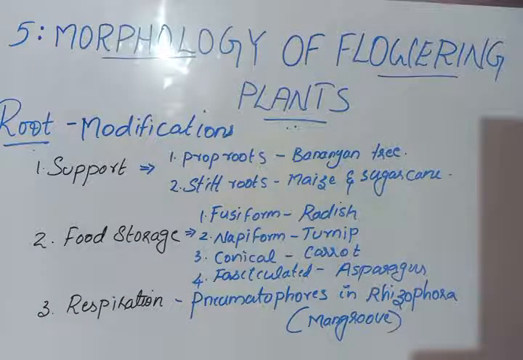So these are the various modifications of root for support, food storage and respiration. For support, prop roots are there in banyan tree, and in maize and sugarcane, stilt roots are there. In case of food storage, fusiform shaped modification is done in radish, napiform in turnip, conical in carrot, and fasciculated in asparagus.